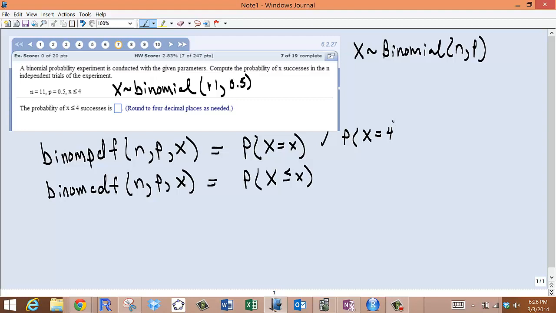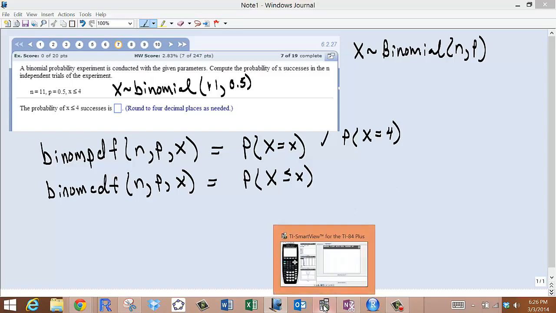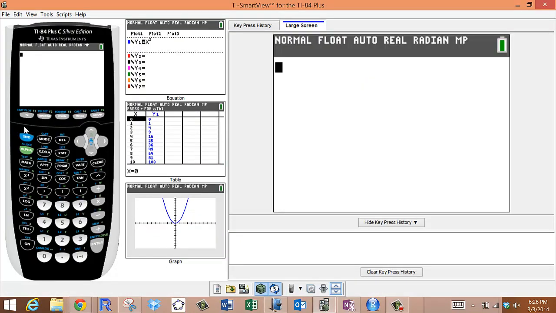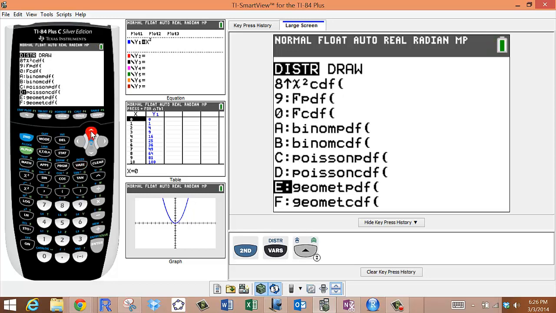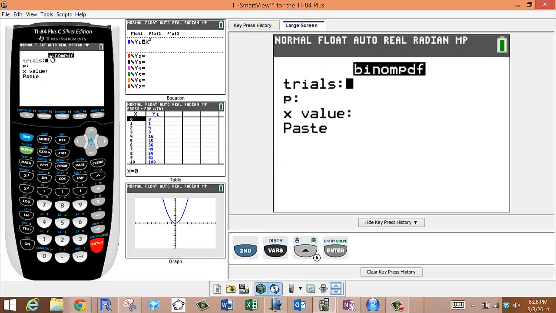Then all I have to do is go over here to my graphing calculator, and I'm going to go to second and then distribution, and then I'm going to arrow up to binomial PDF, and the number of trials is 11, and the probability of success is 0.5, and the value of x we'll say is 4.